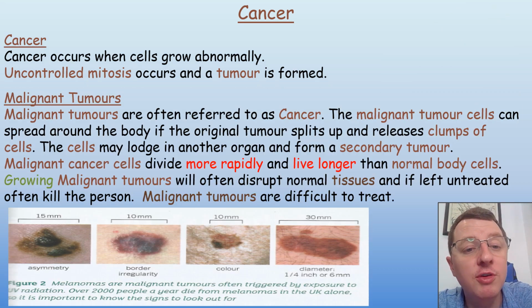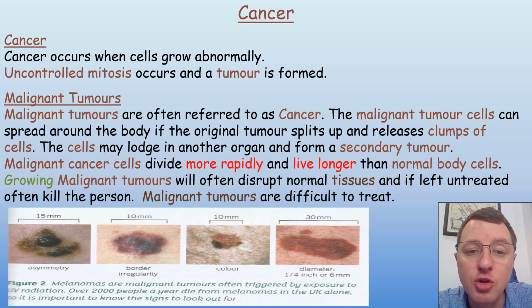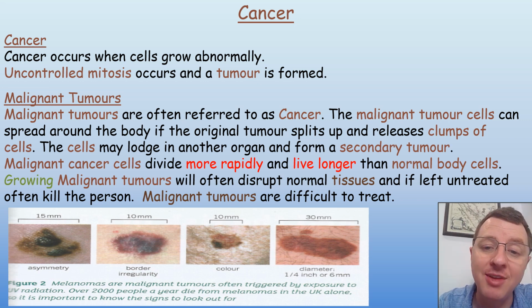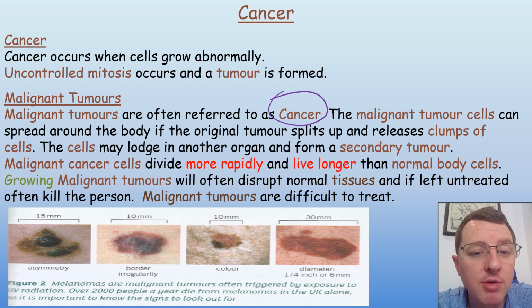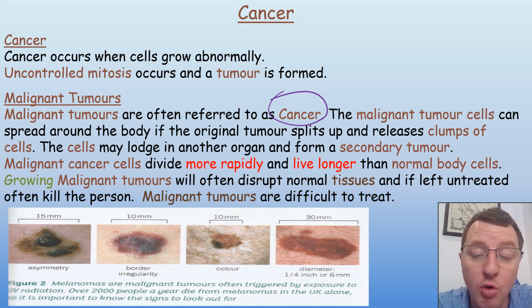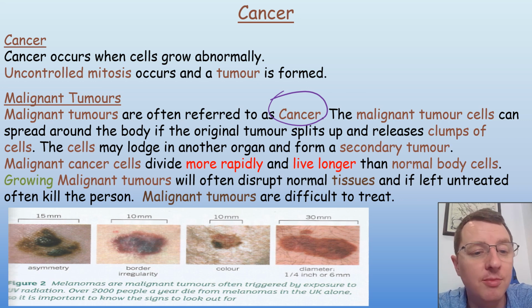Malignant tumours are the other type of tumour, and a malignant tumour is often referred to as cancer. The malignant tumour cells can spread around the body if the original tumour splits up and releases a clump of cells. These cells may lodge in another organ and form a secondary tumour, because don't forget the cells are undergoing uncontrolled mitosis.